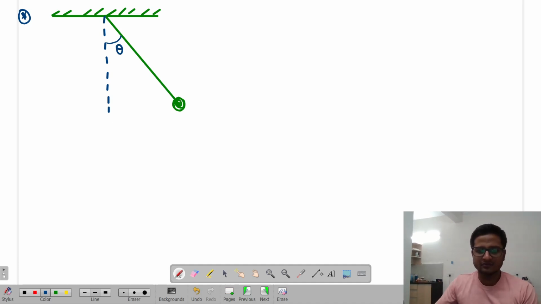At this instant of time, I'm perfectly aware of the velocity of the particle and it is given as v.